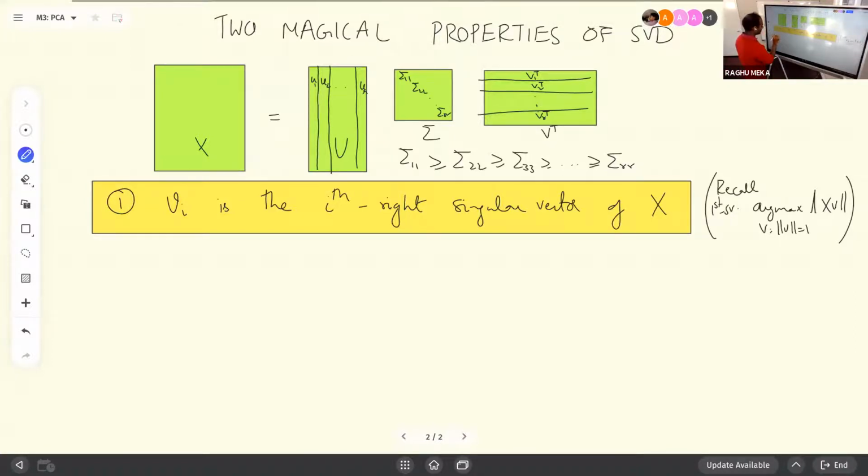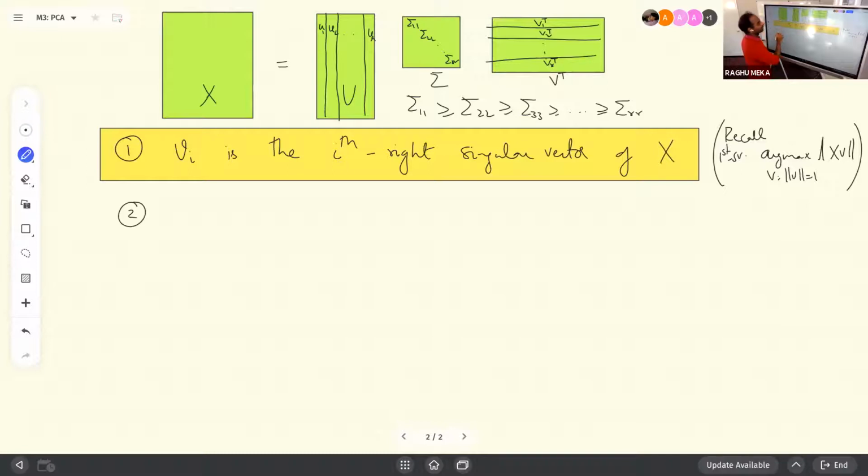And the second magical property is that for any k, if I want the best rank k approximation, all I need to do is to ignore all but the first k non-zero entries in sigma. So what do I mean?